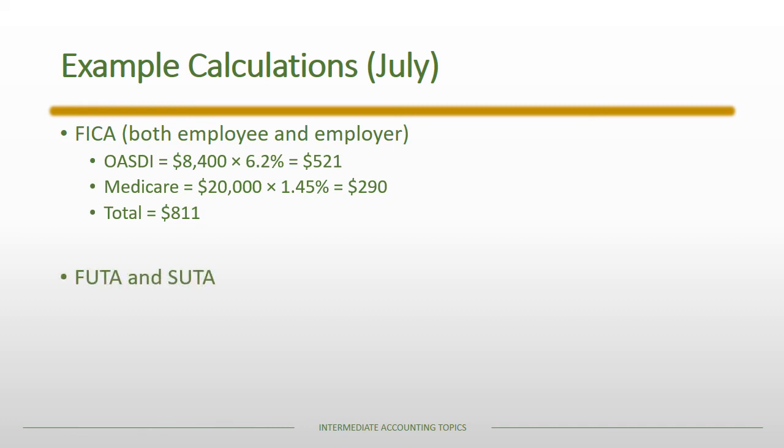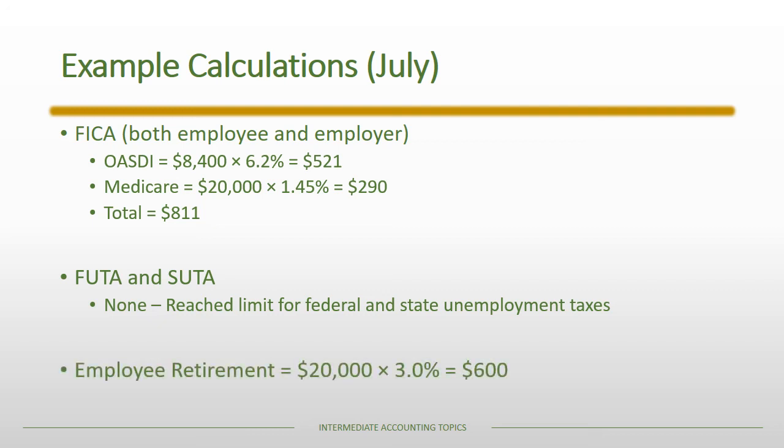The other thing going on is we have the federal unemployment tax and the state unemployment tax, and in this case, there's going to be no federal or state unemployment tax because they would have reached the limit for both the federal and state unemployment taxes. And of course, we still have the employee retirement of 3% of the gross, which is $600.